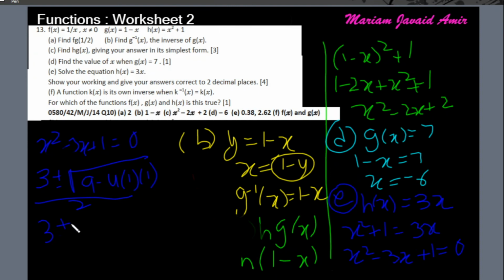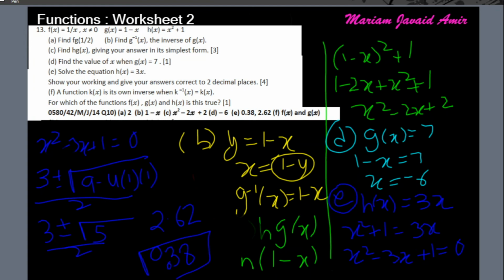So 3 plus minus root of 9 minus 4 is 5 over 2. Positive answer is 3 plus under root 5 over 2, which is 2.62, and the negative one will be 3 minus under root 5 over 2, which is 0.38 rounded off to 2 decimal places.